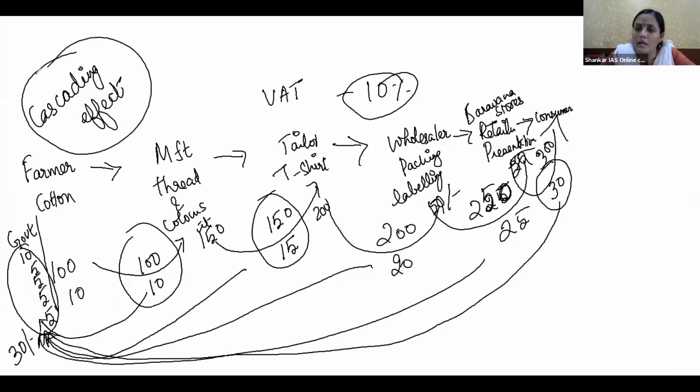So if that is happening, slowly the price of the commodity keeps on increasing because you're putting tax also as a cost into it. That is now being removed here because value added taxation is telling you to just pay the taxation on the value you have added to the product. So that's the merit of this system they adopted, moving from the sales tax regime towards the value added taxation regime, right?